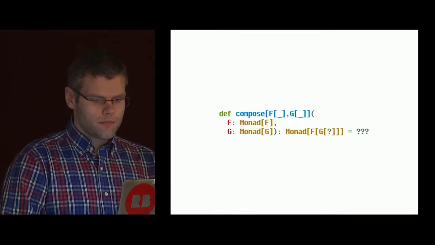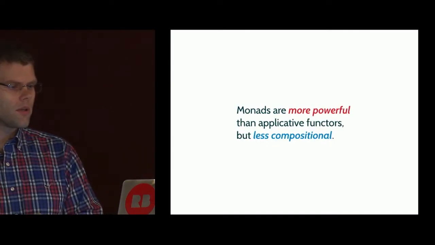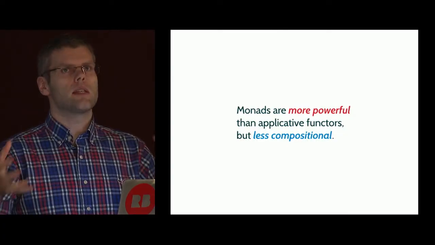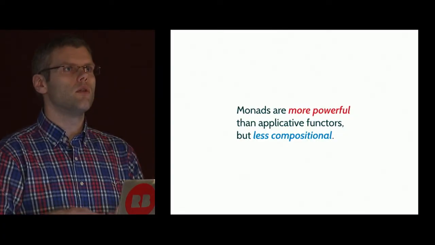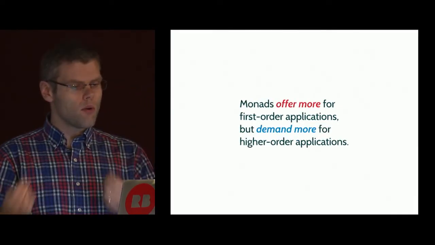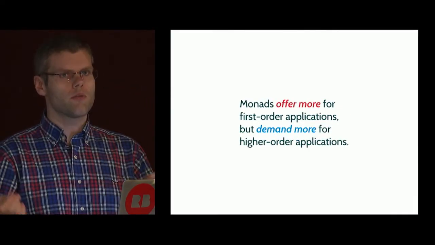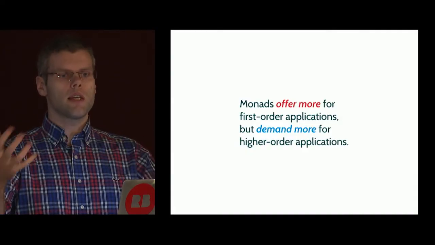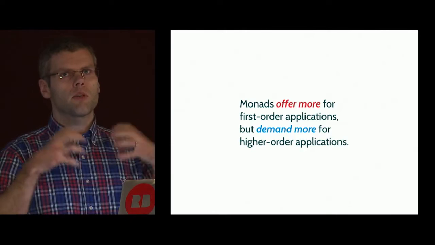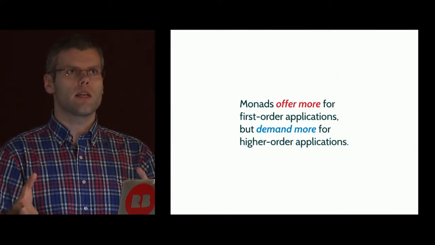All right? So this is an example of where something is strictly more powerful than another thing, but then is less compositional, right? We lose some kind of composition. So monads offer more for the first order. Like we can take a monad and we can immediately do more stuff. But a monad can participate in fewer applications, right?